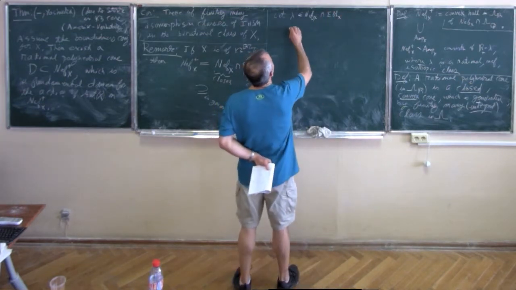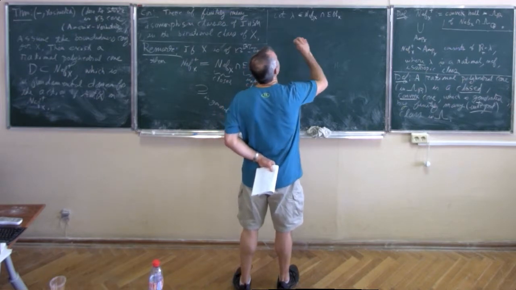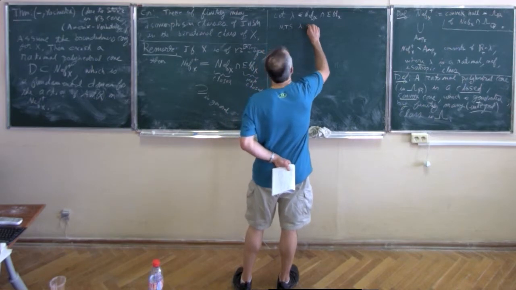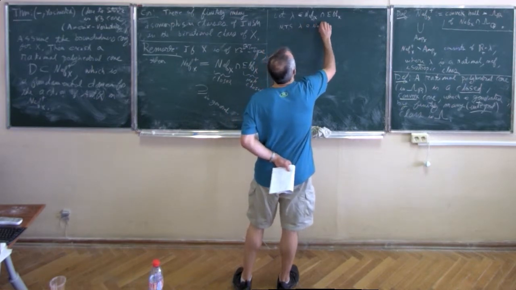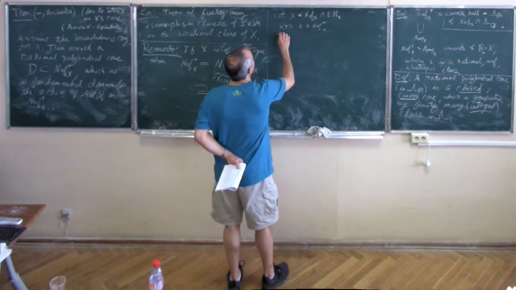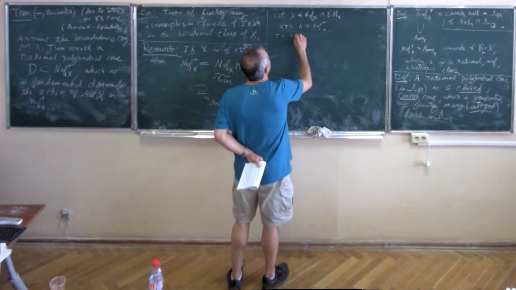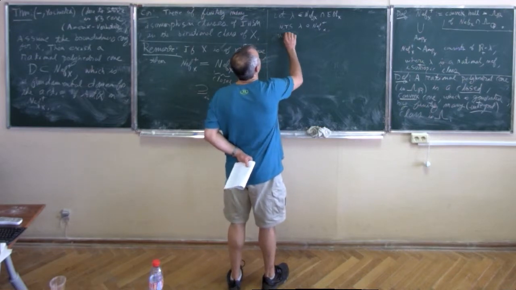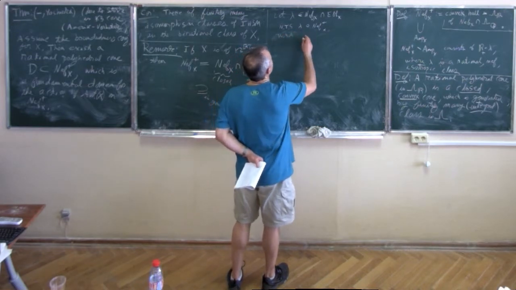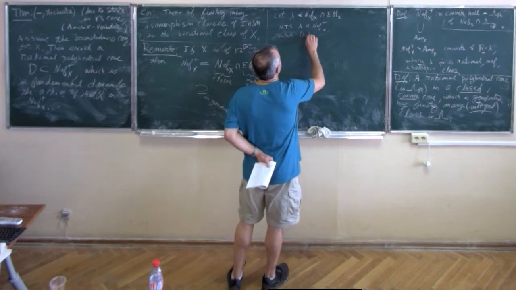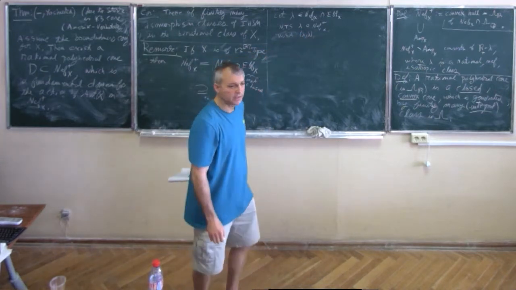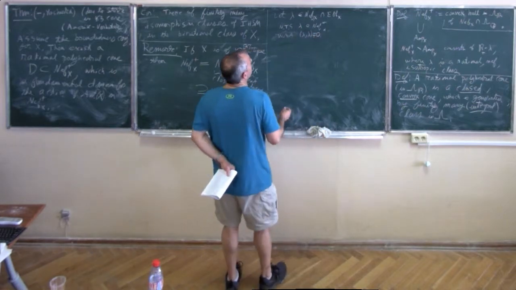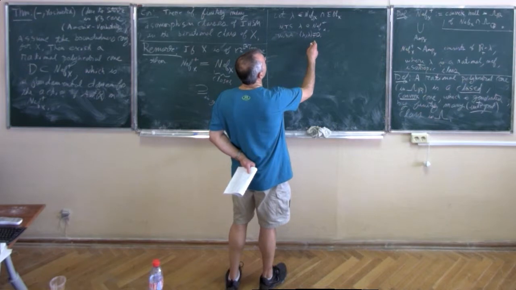We need to show that lambda is in NF plus of X. We may assume, because otherwise it's easy, that lambda is isotropic, so it's on the boundary of the cone. So now it's NF, isotropic and effective.